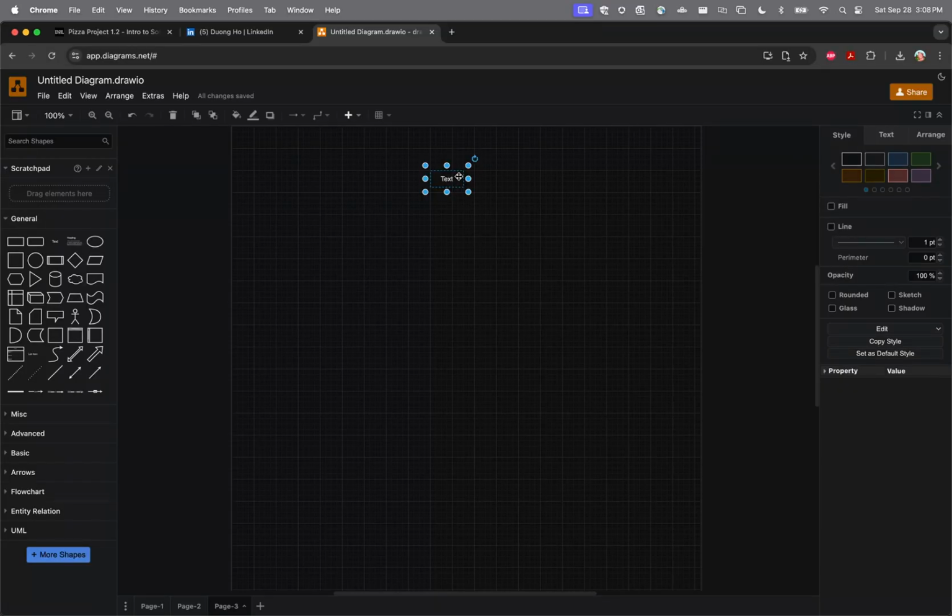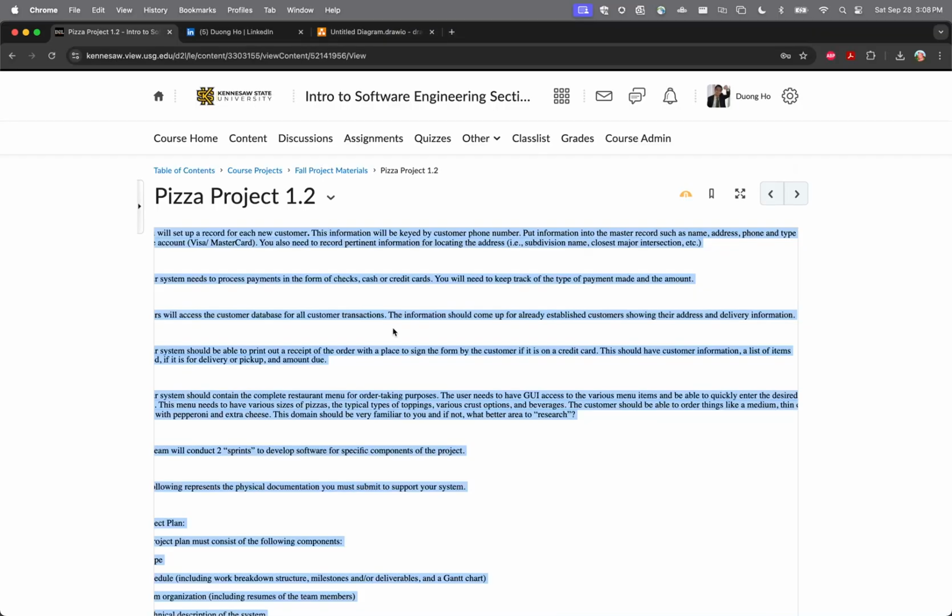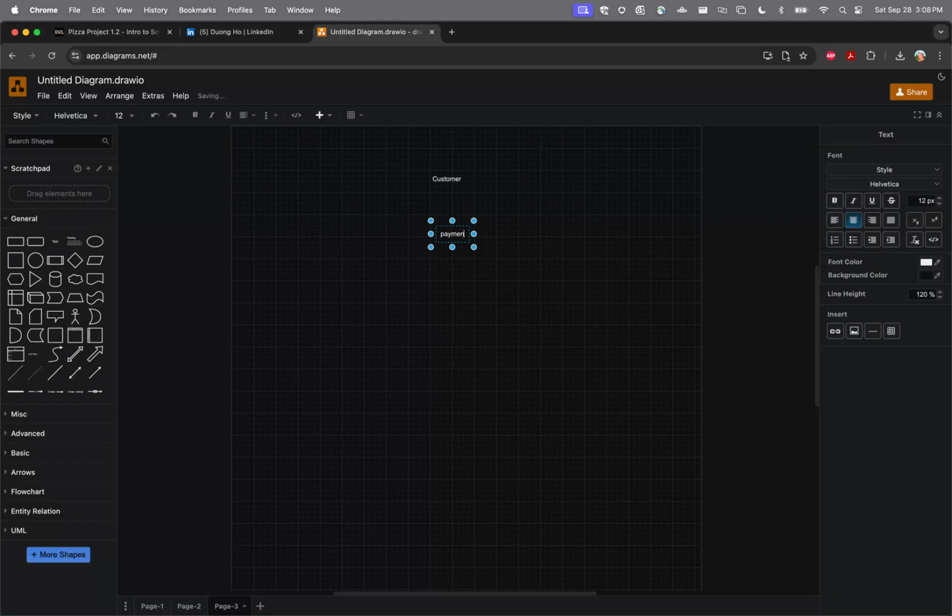And then you need payment. So let's write out payment. What else do you need? You need a database, so you can store customer data. You need to print out receipt. Okay, that's fine.